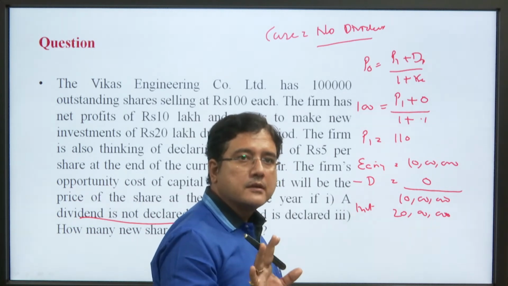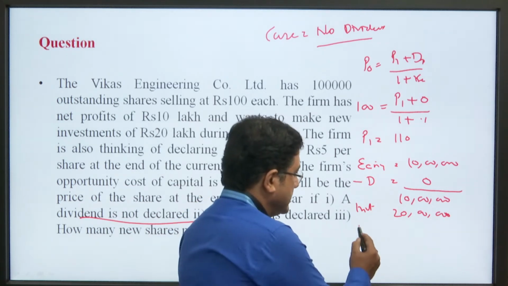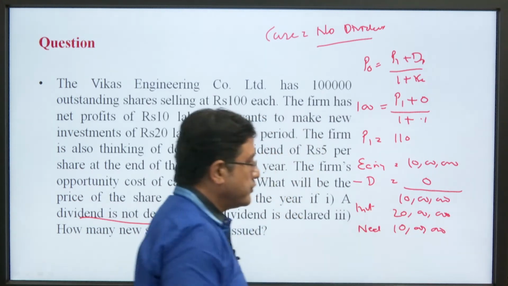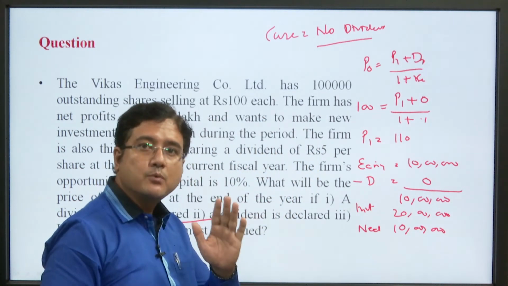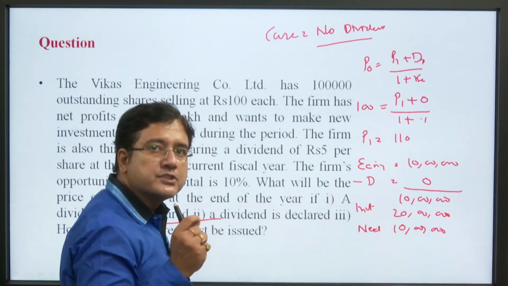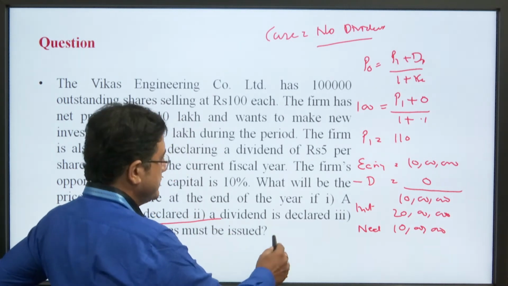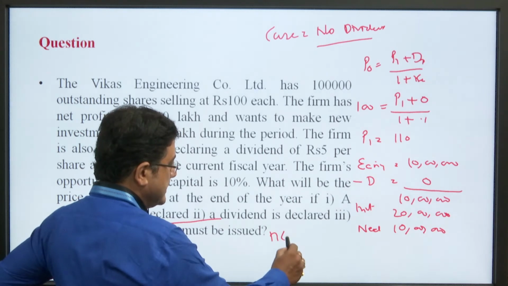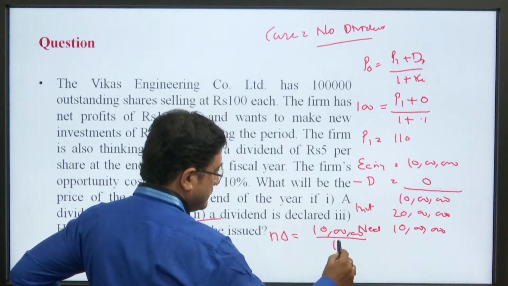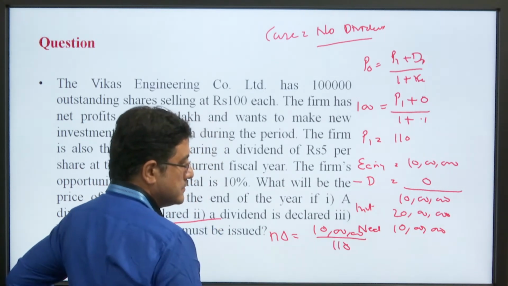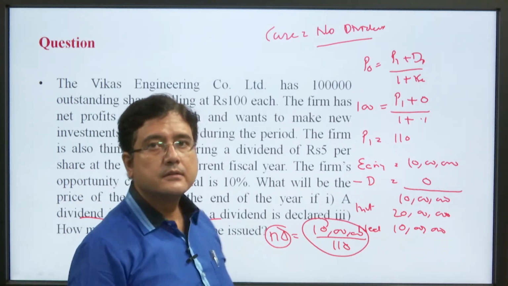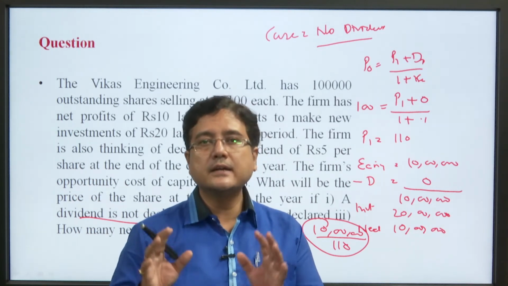So, the company needs 10 lakhs more. The number of shares to be issued, delta n, at 110. This is the formula for the new n, the number of shares to be issued to collect 10 lakhs.